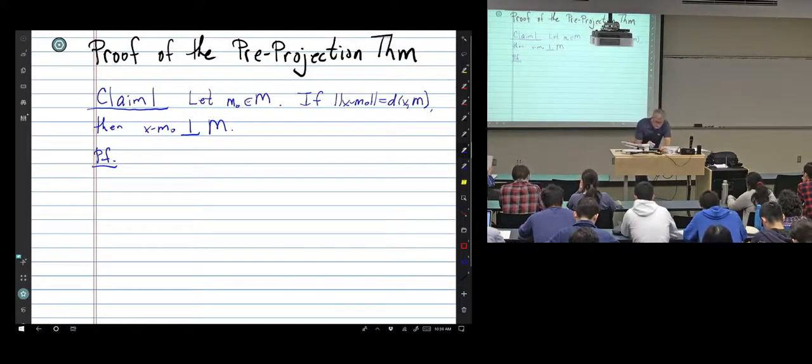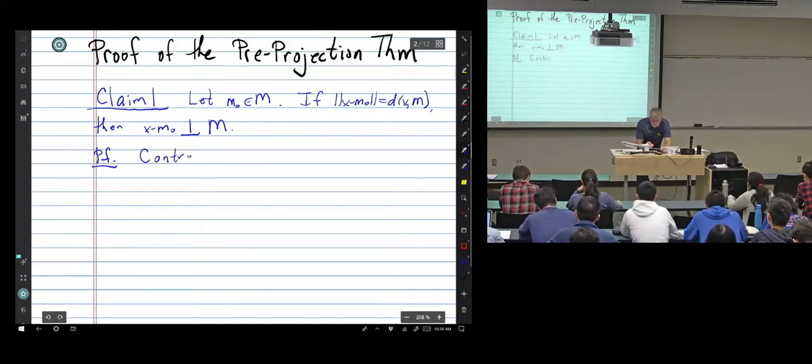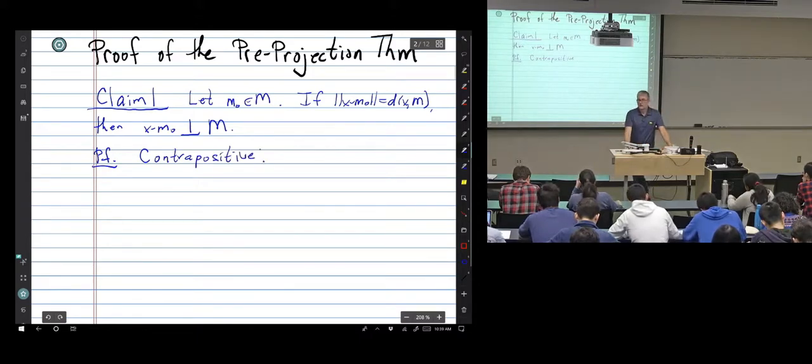Okay, so we're going to prove this by the contrapositive. What's the contrapositive?